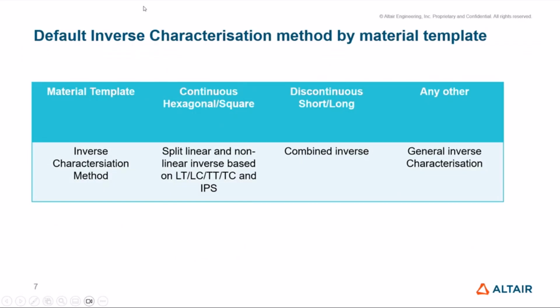Let me talk a bit more in detail about the different inverse characterization methods we implemented. Up to version 2025.0, we had two different inverse characterization methods. Inverse means you have a specific set of test data, and you want to fit your micromechanics parameters to find the closest fit to your test data. We started with fixed schemes for the most used materials. These are continuous, hexagonal or square unit cells, or discontinuous.